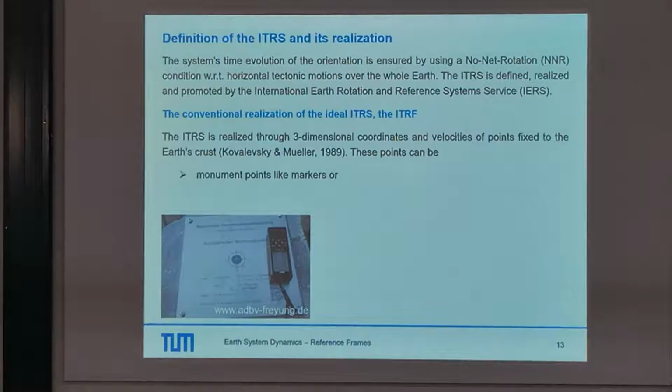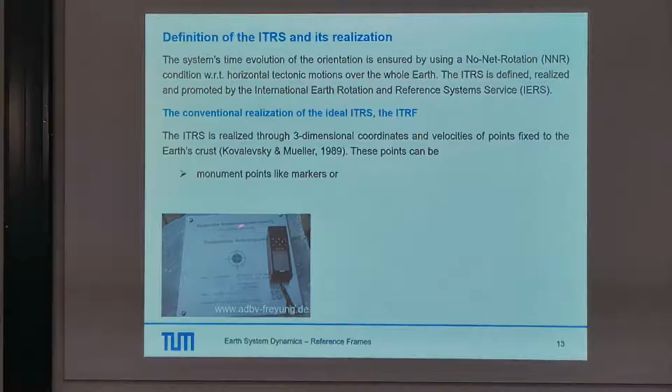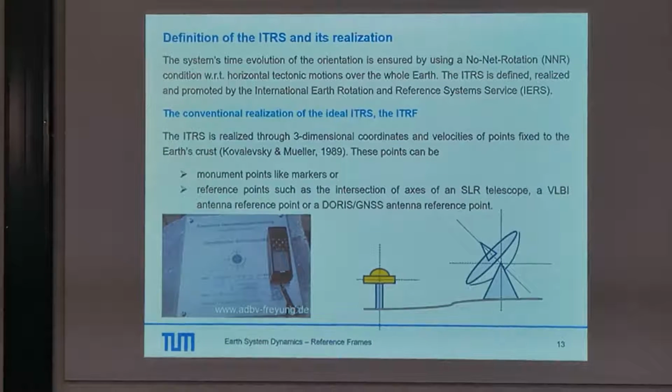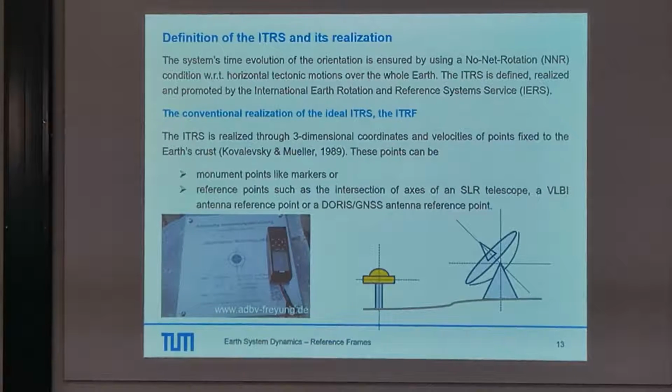So this is a geodetic reference point of the Bavarian Kataster. And if you place your GNSS or your handheld here, you have the exact coordinates of these points given below. For the space geodetic techniques, we have another group of reference points, the so-called intersection lines and reference points.